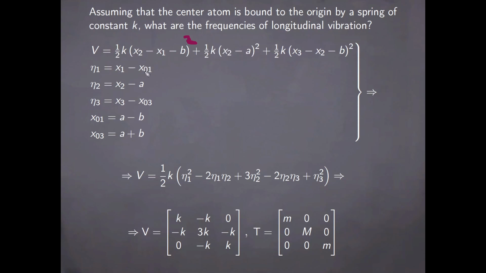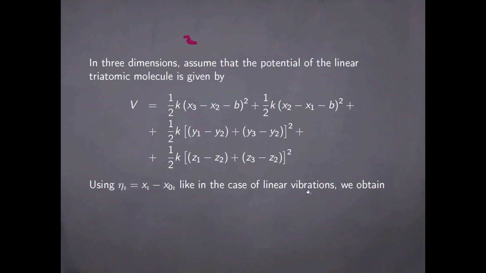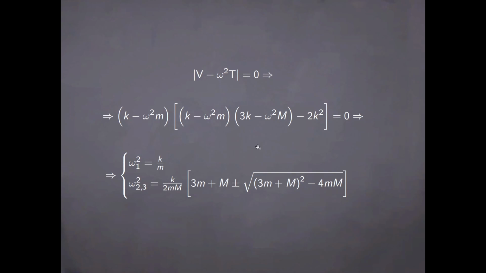And we once again use the kind of coordinate transformations that we worked out in the original problem, and we should find the potential energy of the form here. So the corresponding matrix is this one. The matrix of the kinetic energy will be unaffected, and then if we write the secular equation out, we obtain the following factorized form.